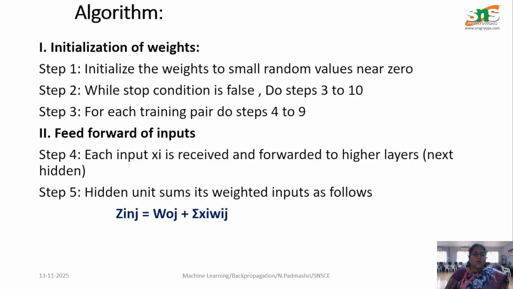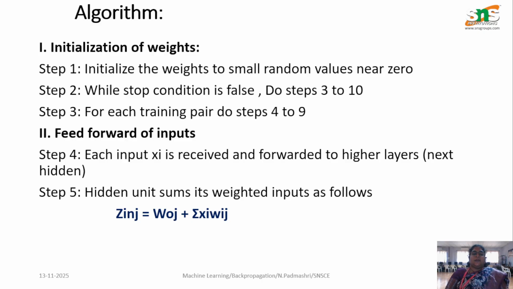If there is no huge difference, then our output is correct. If there is any error, we backpropagate again and repeat the steps till the predicted output is equal to the actual output. So this is simply the concept of the backpropagation algorithm.